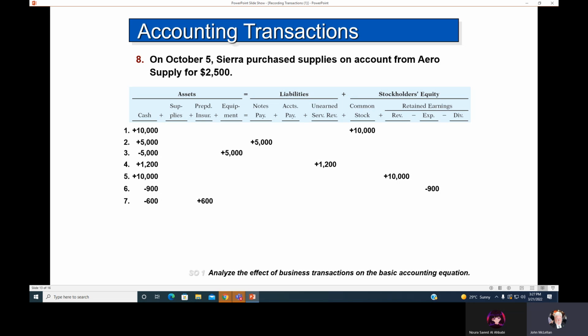Supplies, and on account, so not cash, accounts payable. They purchased supplies on account, so they didn't pay cash. They have an account with Aero Supply, and because they purchased, they owe Aero, so their liabilities go up by $2,500. And supplies go up.